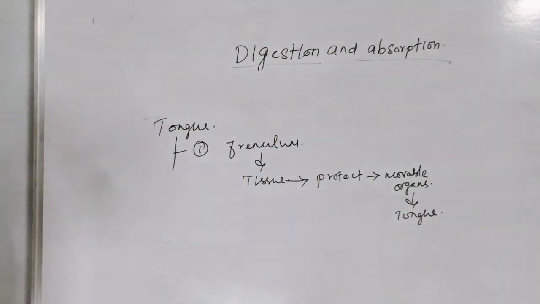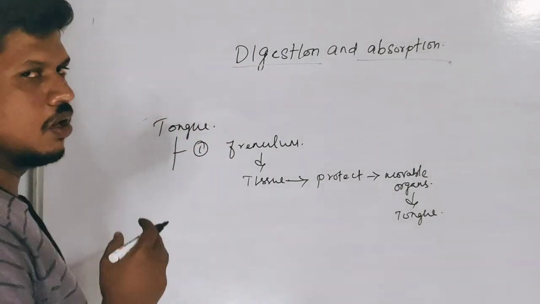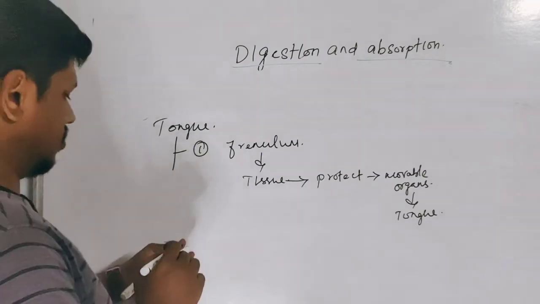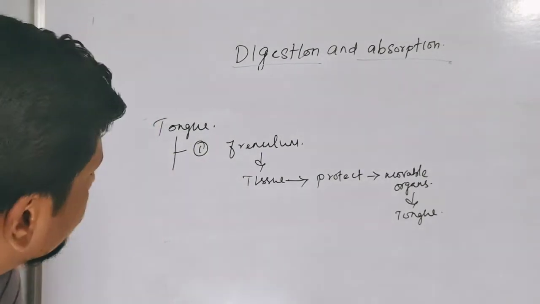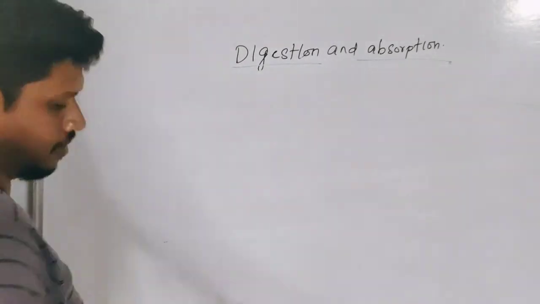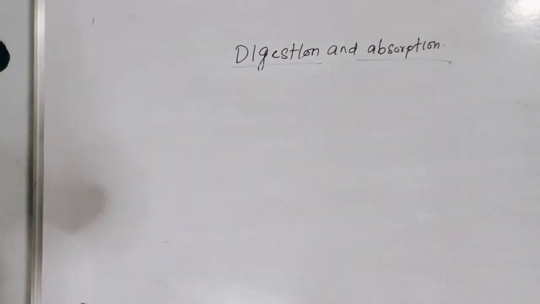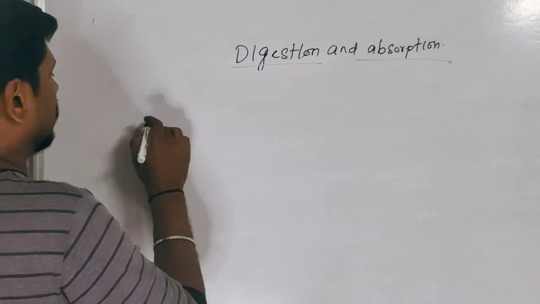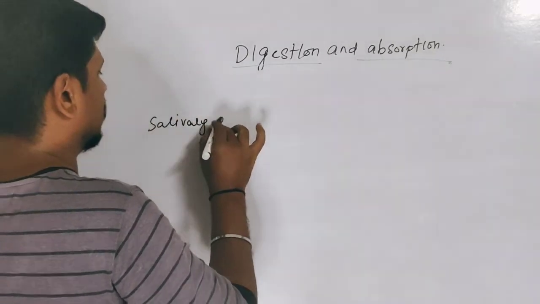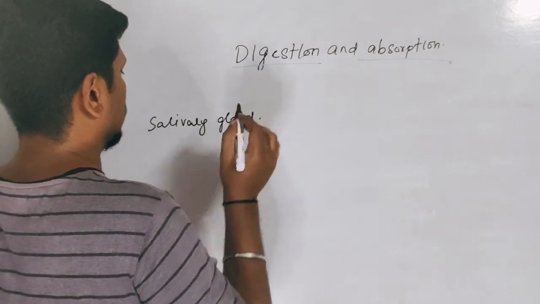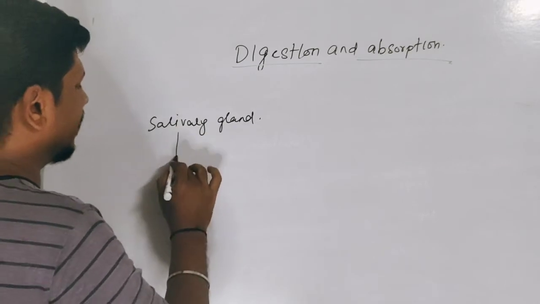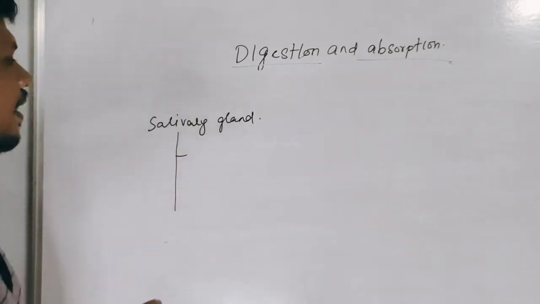Right? And one more thing, especially for oral cavity, I want to discuss saliva. Salivary gland. See, this salivary gland we can classify into major part and minor part.